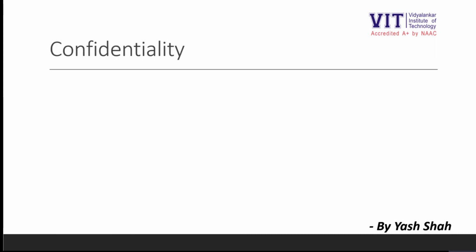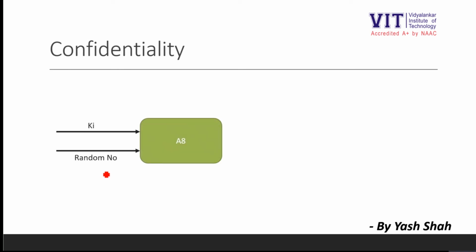The third and a very important aspect is confidentiality. After we have achieved authentication and the mobile is a part of the network, how do we encrypt the data? Here data could be a signal or actual bits, an electrical signal or actual bits. This entire process happens on the mobile station. The subscriber identity key KI and the random number received during authentication are passed through the A8 algorithm.